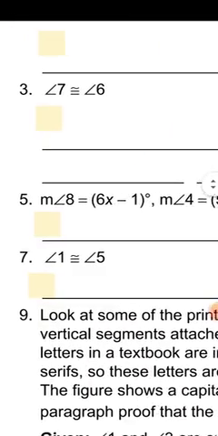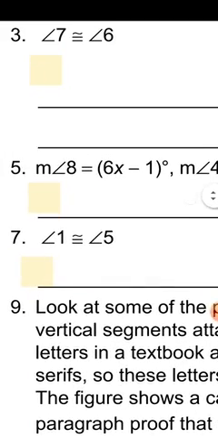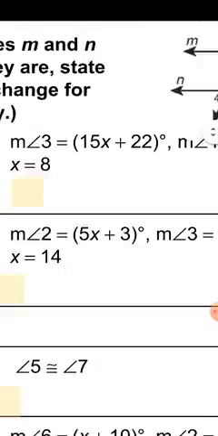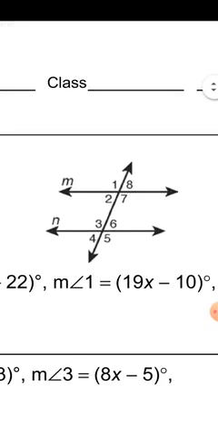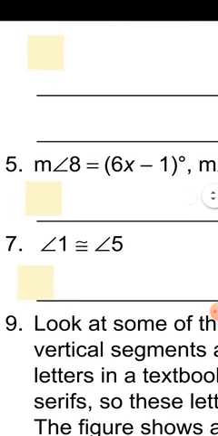Okay, question number 7. We have angle 1 is congruent to angle 5. So which is angle 1 and angle 5 from the picture? Angle 1 and angle 5 are alternate exterior angles, and according to the theorem, they both should be equal, right? Now already in the question they gave you it's equal.